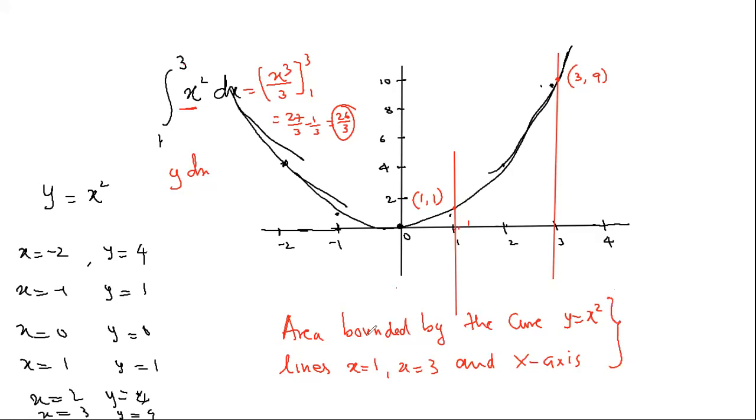Area of the region whose boundaries, what are the boundaries? One is the curve y equal to x square. Another is the line x equal to 1. Another is the line x equal to 3. And third is the x-axis. This area is nothing but 26 by 3 unit.